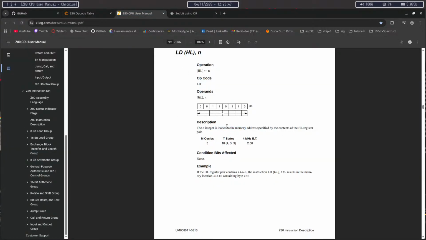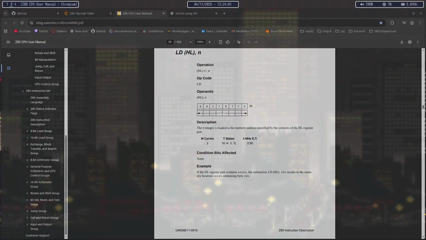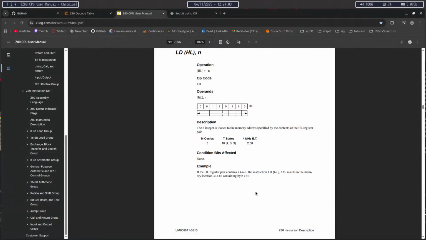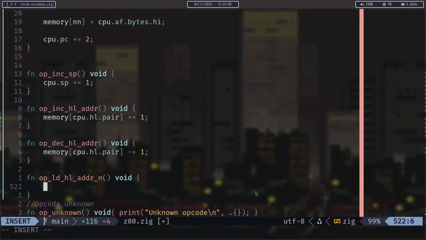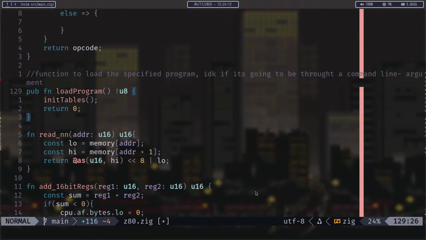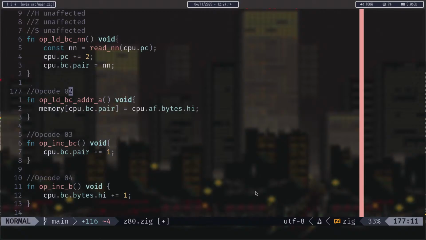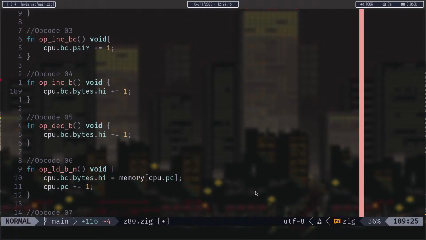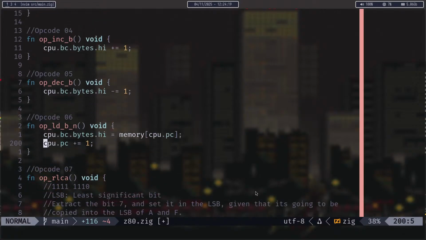So the N integer is loaded to the memory address specified by the contents of the HL register pair. So if the HL register pair contains 4444, the instruction 28H results in the memory location containing the byte 28. Makes sense. So do I have to actually read something? I don't think I do. Let me find another. Read it in, up, B. No, it's just that one. Alright.